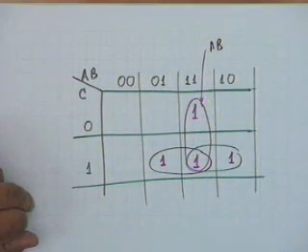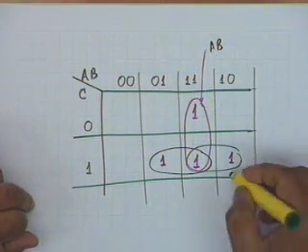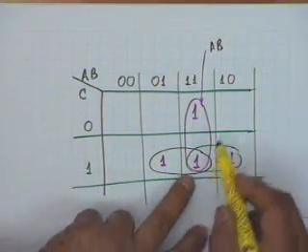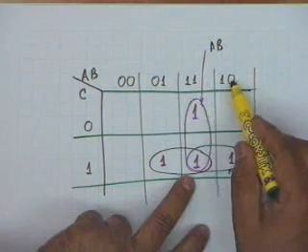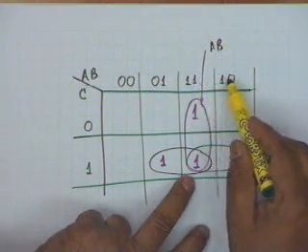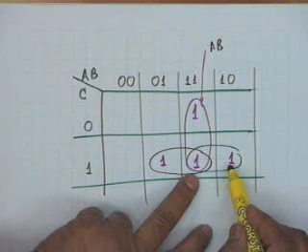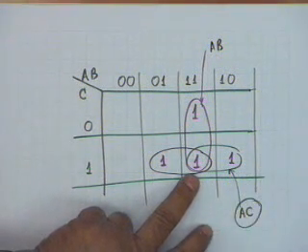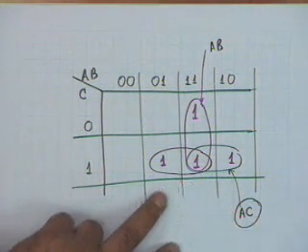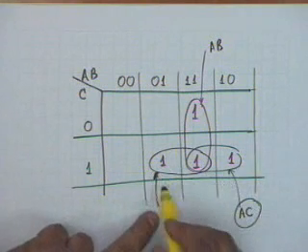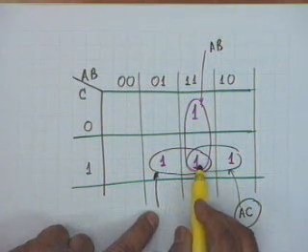Okay. The green one, I hope I can find the color. The green one, yes. For this, you see 1 1 1 0. So it is independent of B. B has changed from 1 to 0, but both are 1, and therefore this is simply AC. All right. And for the black one, finally, it is independent of what?